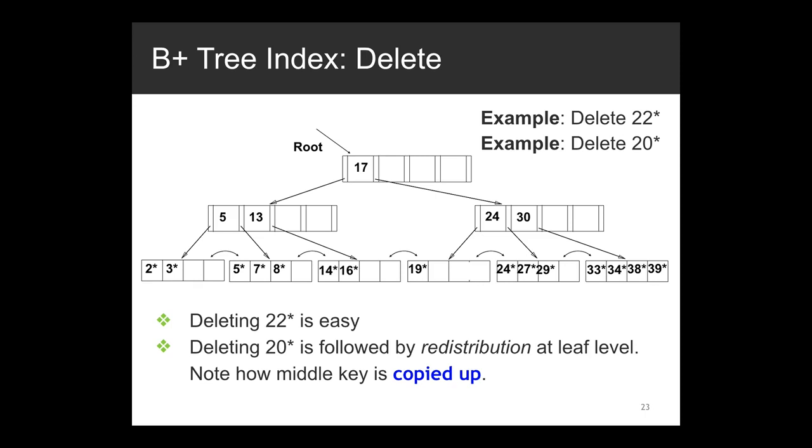Look at the right sibling. It has more than 50%, and if you borrow 1 key, this sibling will still be at 50%. And therefore, you borrow the key from the right sibling. So what happened here was the lowermost key value from the right sibling moved here, which means the index key of the parent that splits these 2 siblings has to be updated.